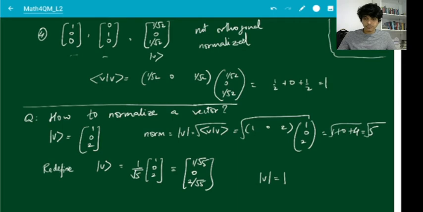Right? So that is how you normalize any given vector, by multiplying it by an appropriate factor. Over here the appropriate factor was 1 over root 5.